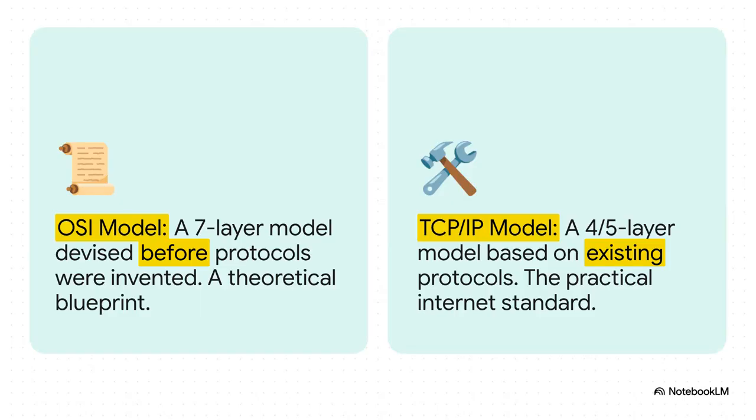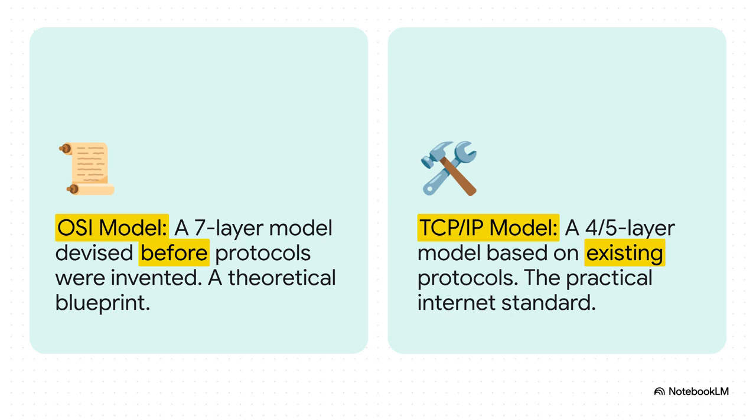To keep all these rules organized, engineers came up with a couple of frameworks. First, there's the OSI model. It's this beautiful 7-layer, perfect theoretical blueprint of how a network should work. But here's the thing. The internet wasn't built in a lab. It was built by pragmatists. They just used what actually worked. And that led to the simpler, messier TCP/IP model.